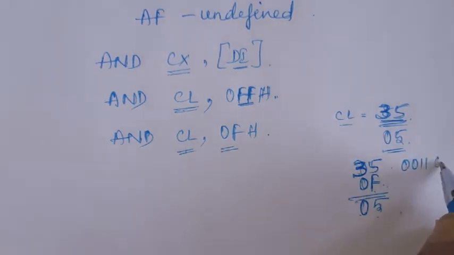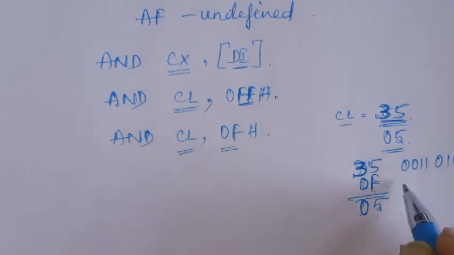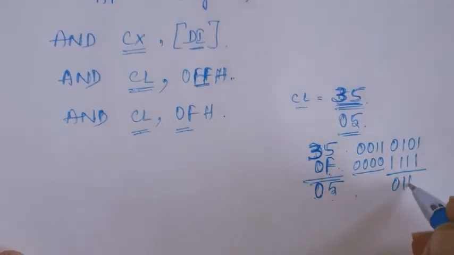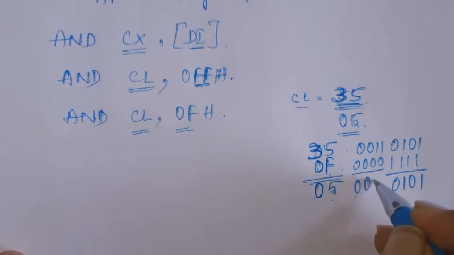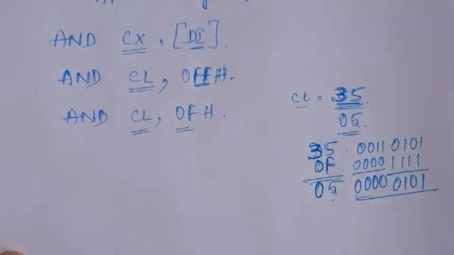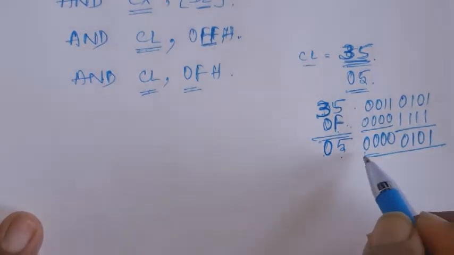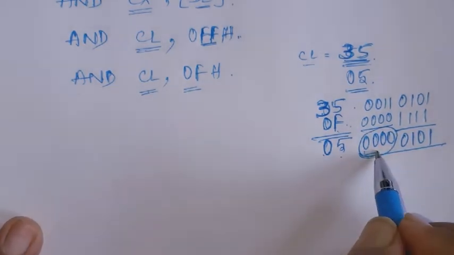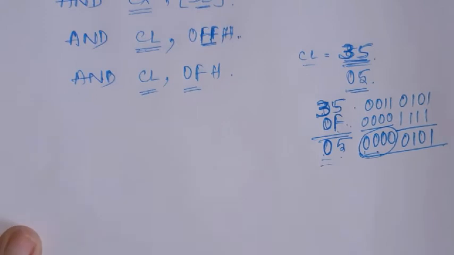This is in binary, isn't it? All zeros in the first nibble, and F means all ones. So this will become 5 and the upper nibble will become zeros. This way you have masked the higher nibble to 0.